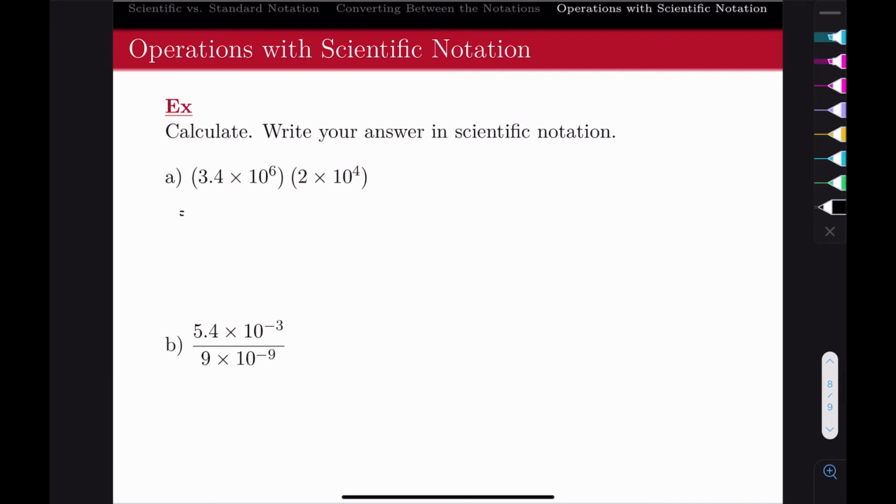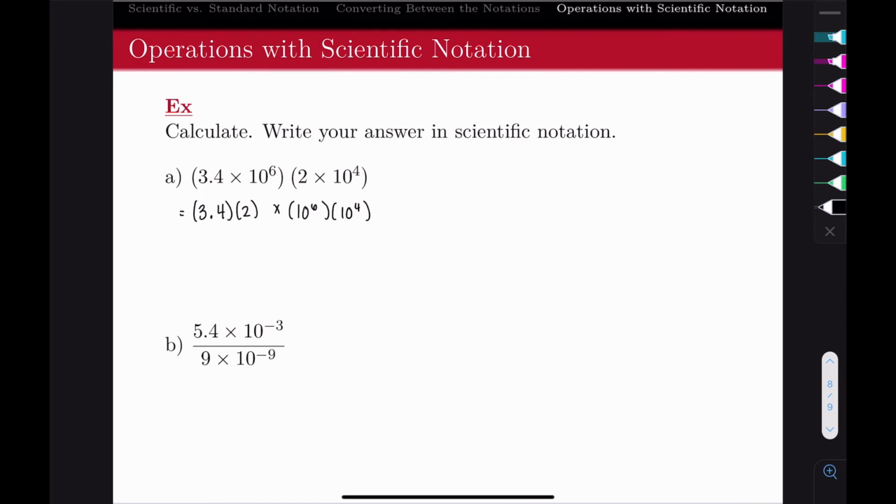So instead what we're going to do is group together the 3.4 and the 2, and then the 10 to the 6 and the 10 to the 4th, because we can rearrange multiplication. 1 times 2 times 3 times 4 is the same thing as if I flip this around to anything that I want. The multiplying still works exactly the same.